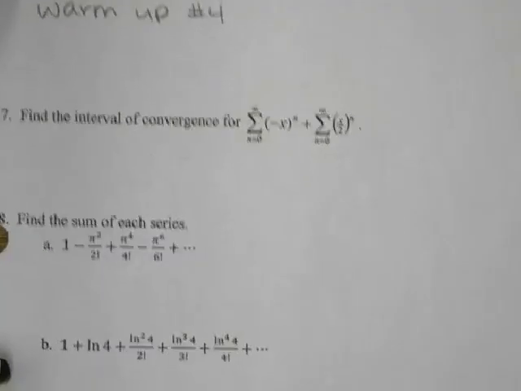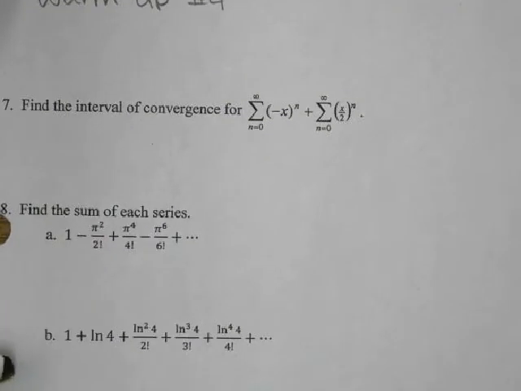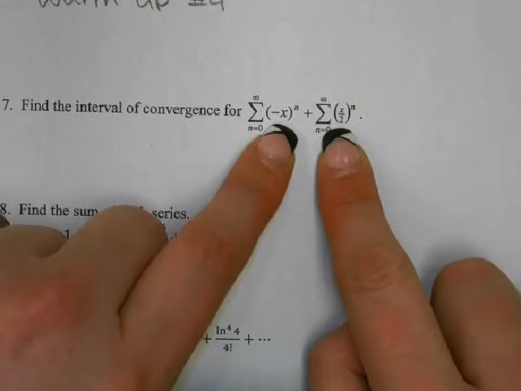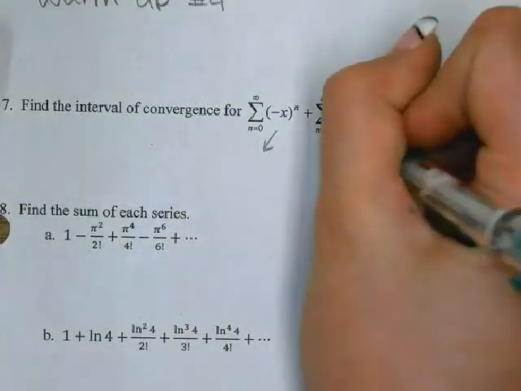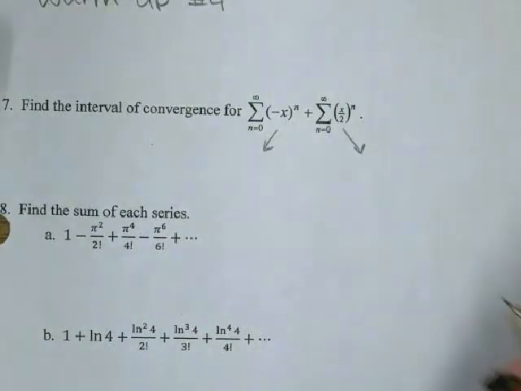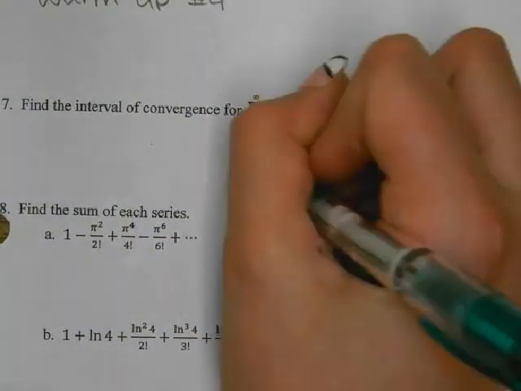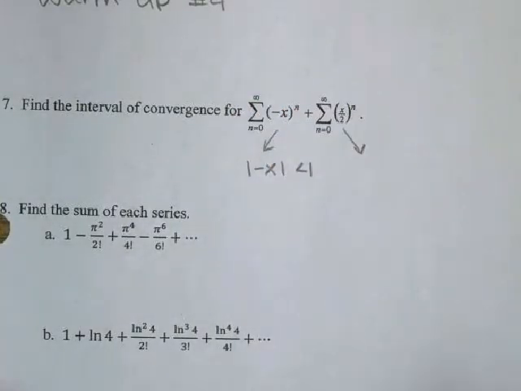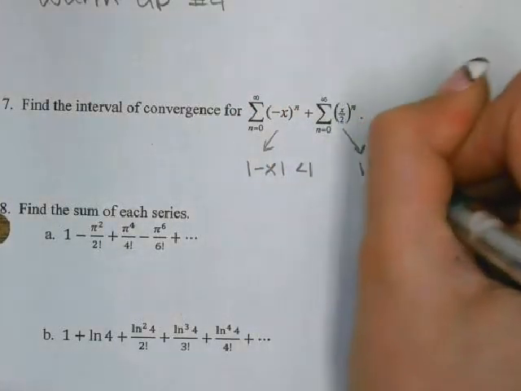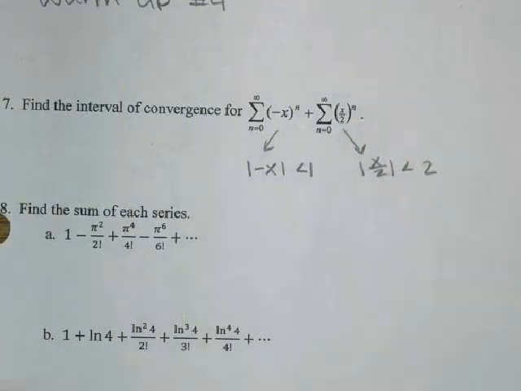Okay, find the interval of convergence between these two. So if we look at this, we're going to have to do this interval of convergence and this interval of convergence and then compare them. So here we're going to say the absolute value of negative x is less than 1. Here we're going to say the absolute value of x divided by 2 is less than 2.